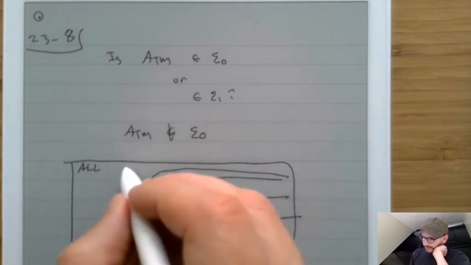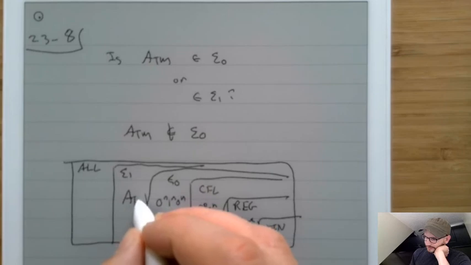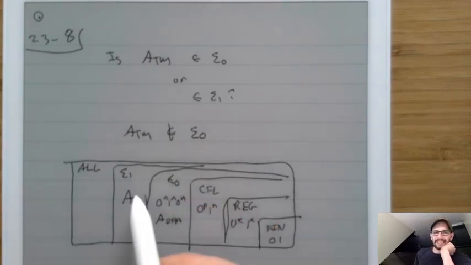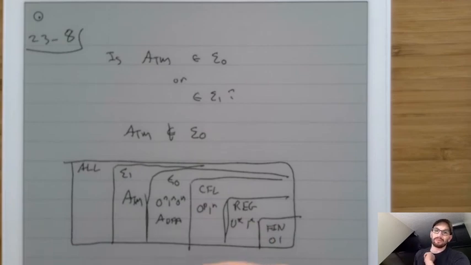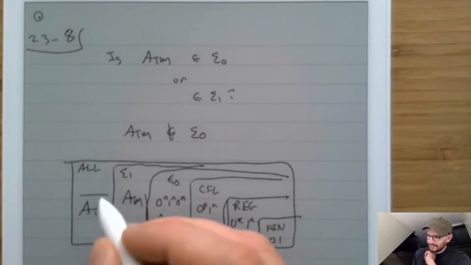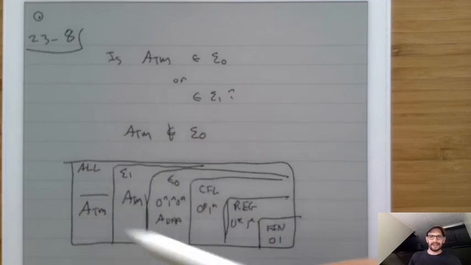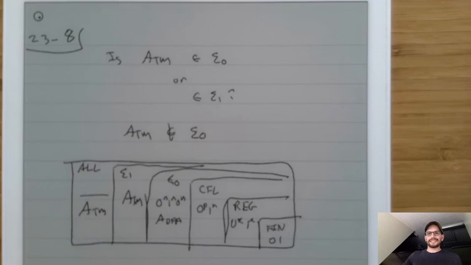Then we've got sigma 1, and that is where ATM is. And significantly, ATM is not inside of sigma 0. And then what we're also going to prove is that not ATM, the complement of ATM, is outside here in all, meaning that it's something that you can't do with a Turing machine. So this right here is a roadmap for the rest of the class. We'll take a tiny break from this stuff next time, and we'll come back.